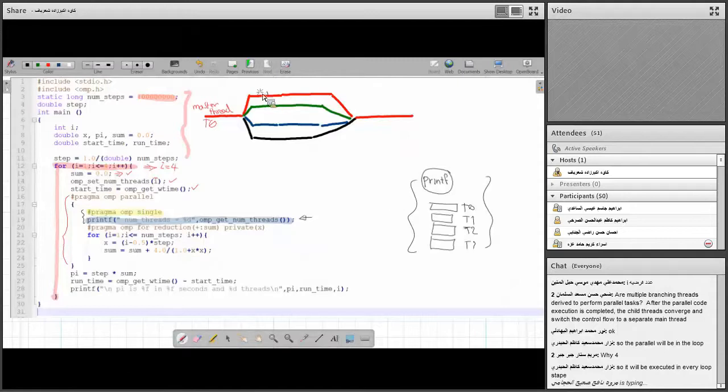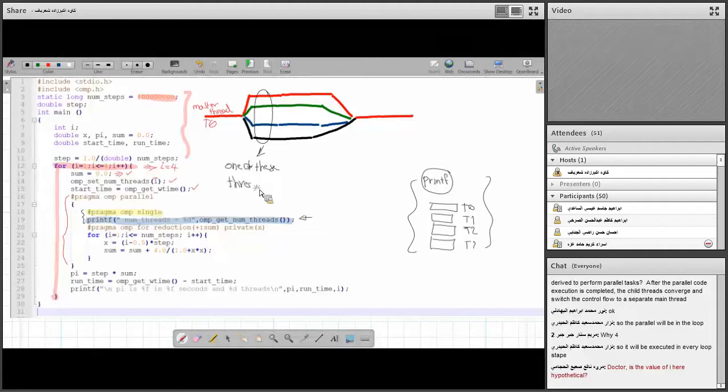Just one of these threads will execute this printf.